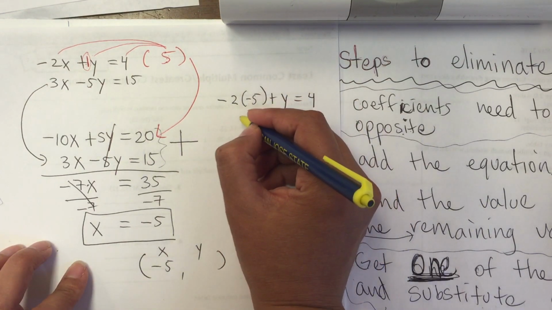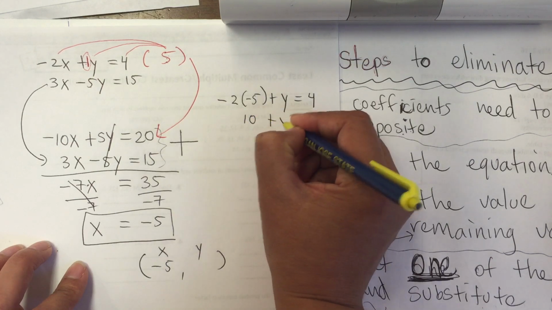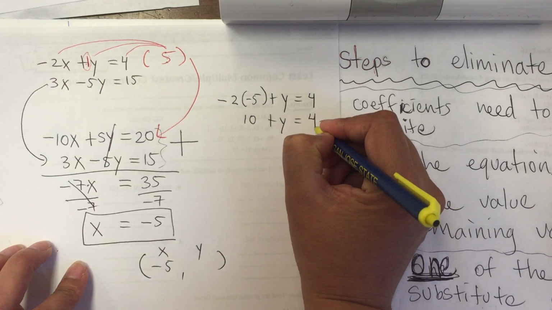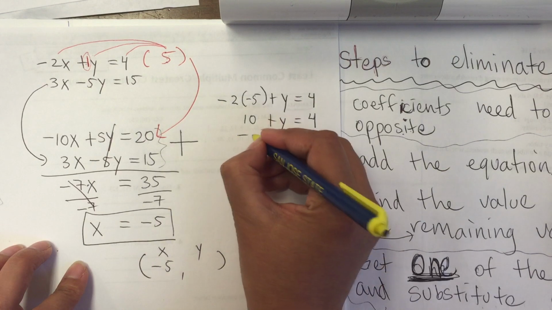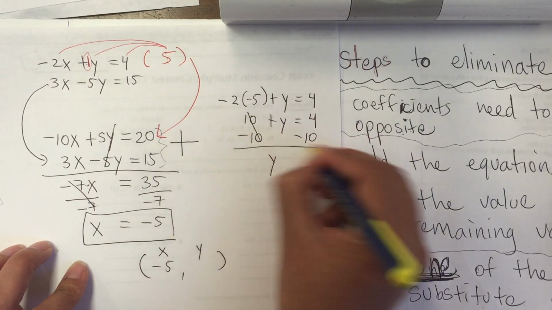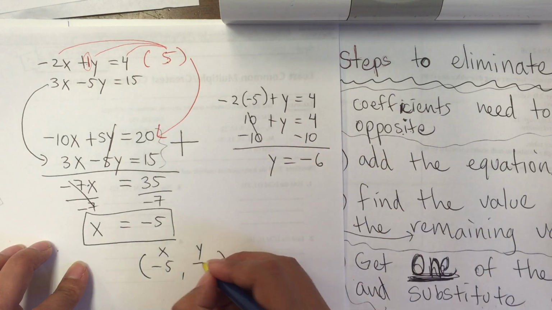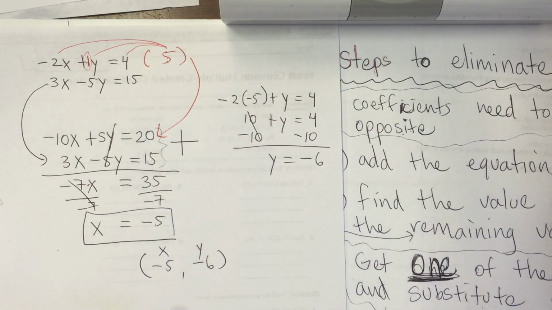Negative 2 times negative 5 is positive 10, plus y is equal to 4. I subtract 10 from both sides, and so y is equal to negative 6. Okay, so that will be my answer, the point where my two lines intersect.